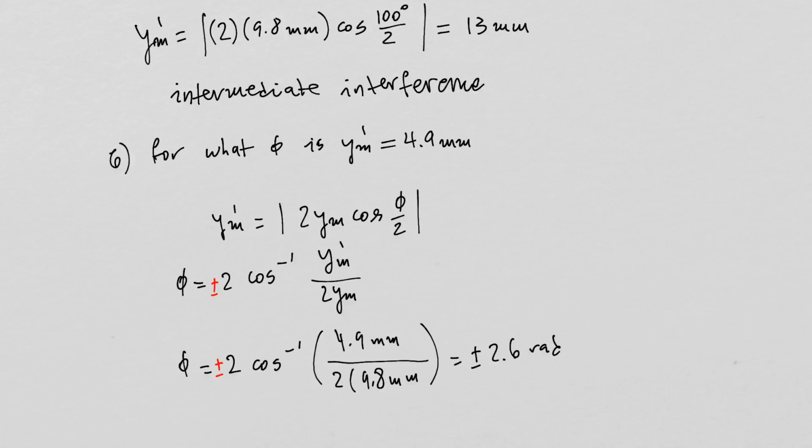When I replace the values for the two amplitudes in the calculation here, I get that the phase angle phi is plus or minus 2.6 radians. For those two angles, plus or minus 2.6 radians, when I calculate this quantity here, I'm going to get the same amplitude of 4.9 millimeters.